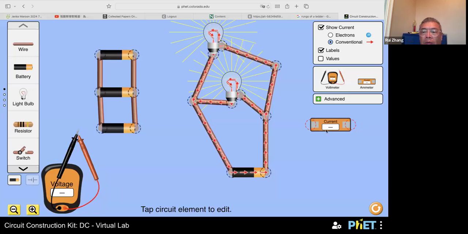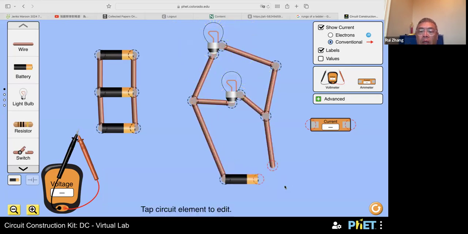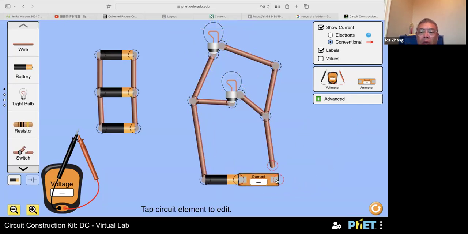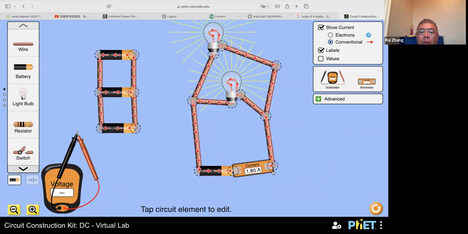For the current ammeter, you need to break your circuit. Suppose you want to measure the current of this branch that connects to the battery. You first break it here, and then insert your ammeter into the circuit. You have to connect your ammeter in series with whatever you want to measure.